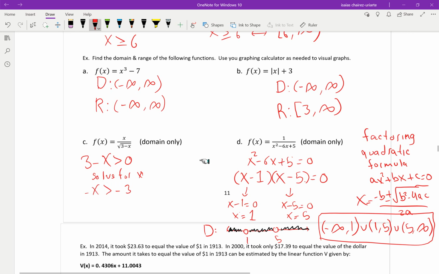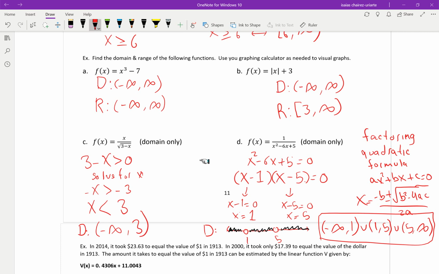So this will become positive, but my inequality changed. So x is less than 3. So my domain is going to be all the numbers that are less than 3, that's from negative infinity to 3 with a parenthesis.